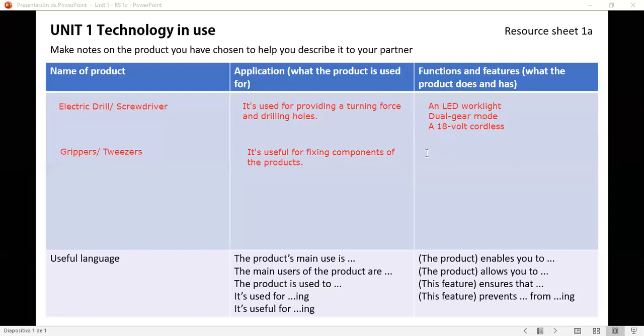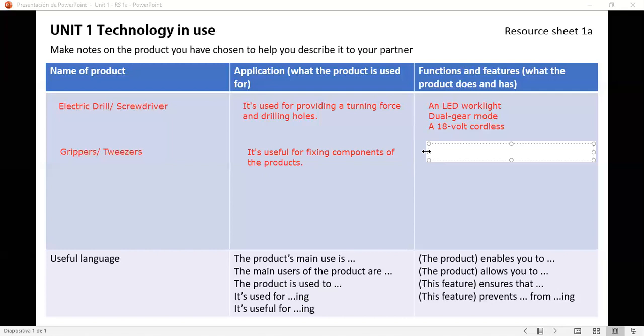And functions and features, what does the product do? Actually, it's just an easy movement, knowing that the grippers are only a two-part tool. You use your hand and you apply the force, everything.